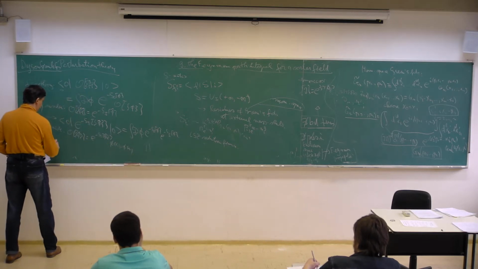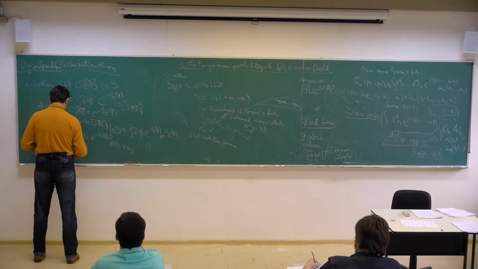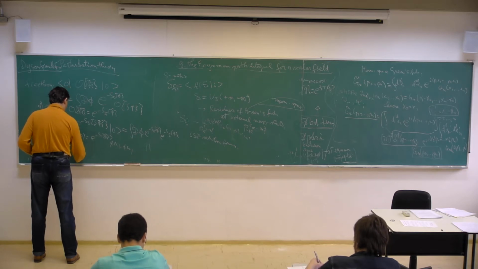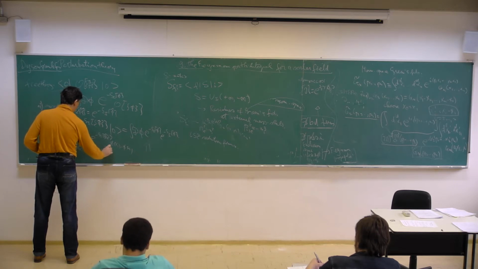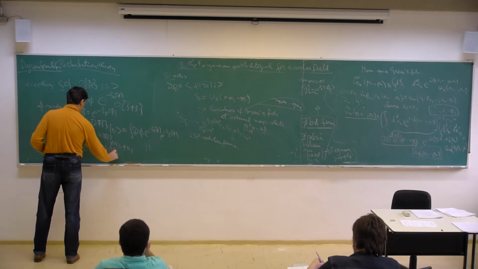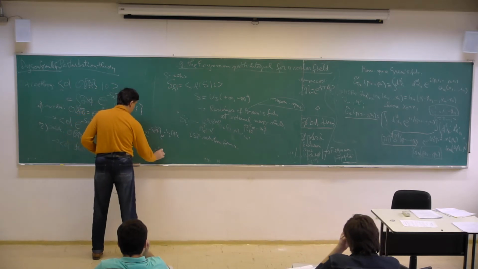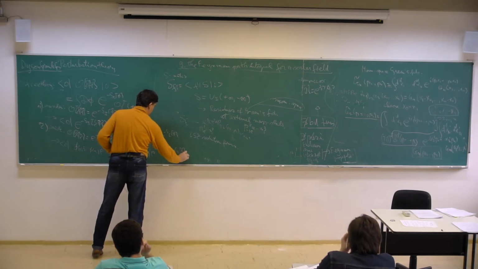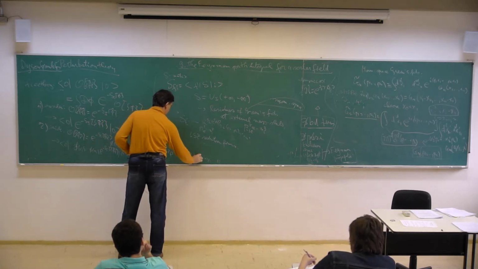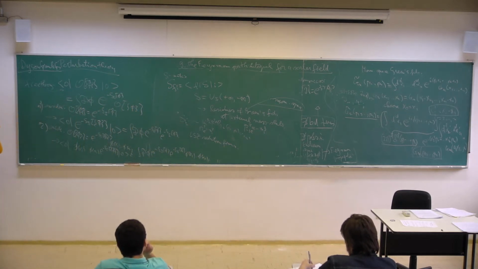So then I get that the VEV of phi of x1 through phi of xn, e to the minus S_I of phi, in 0, is the integral d phi e to the minus S0 of phi, e to the minus S_I of phi, phi of x1 through phi of xn. Okay.